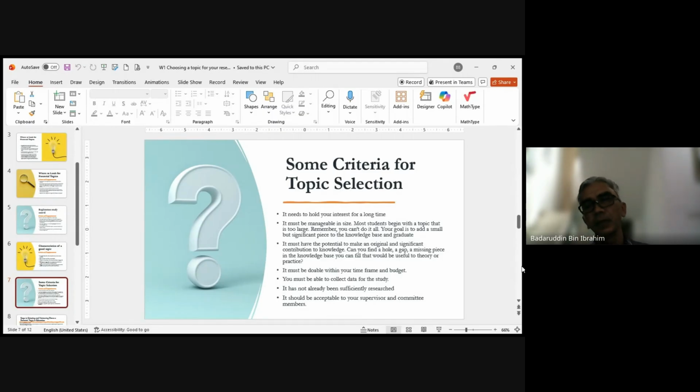Okay, and then next is that it has not already been sufficiently researched. Of course, this is about the literature gap and so on. And then the most important thing, it should be acceptable to your supervisors and your committee members if you have research committee members. Because some of the supervisors, for example, provide you with a grant, with the topic of the grant.